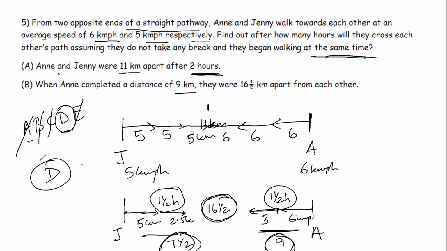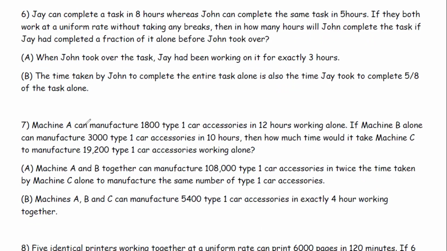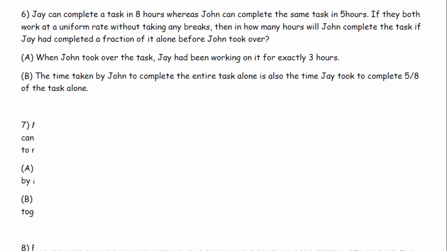Right. Work time. J can complete a task in 8 hours, whereas John can complete the same task in 5 hours.